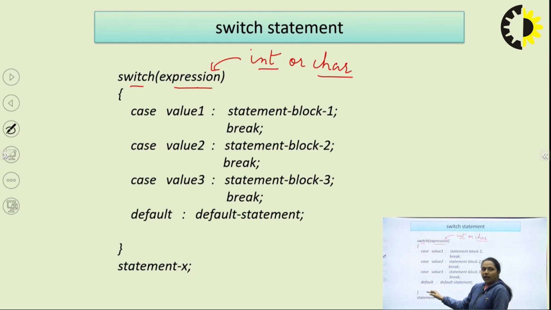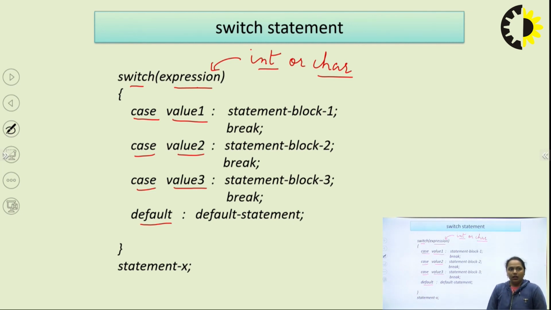Within the switch body, what do we write? We write the label case value 1, case value 2, case value 3, and finally default. So, value 1, value 2, value 3 are the values which are compared with the expression written here. Whatever expression we write within the switch is compared with these values.